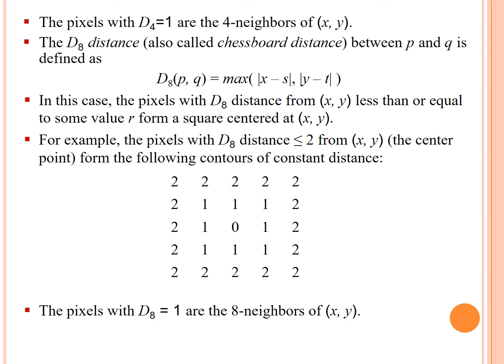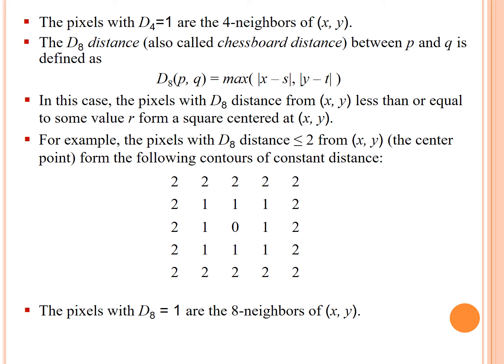The D8 distance, also called chessboard distance, between P and Q is defined as D8(p,q) = max(|x − s|, |y − t|). In this case, the pixels with D8 distance from (x, y) less than or equal to some value r form a square centered at (x, y).